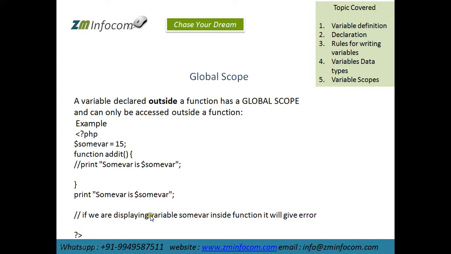So you can see here that I have taken one variable, and we are assigning a value, the numeric value 15, to this $sum. A function is declared, that is the added function, and here we are going to print this. Another example is that I'm just printing it outside. Both ways we are going to see in a running example.